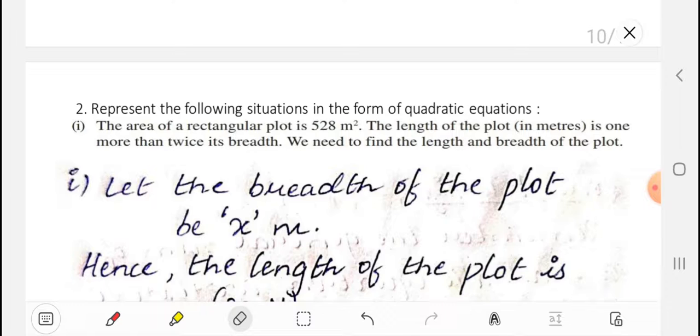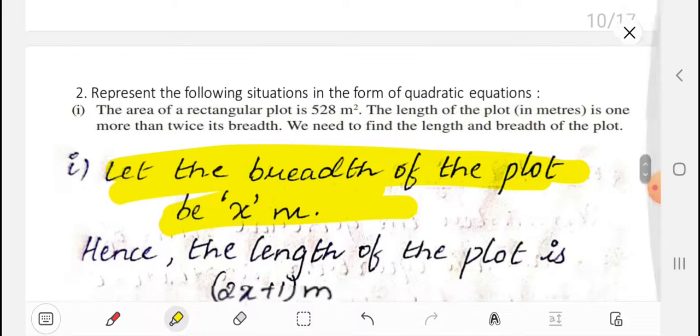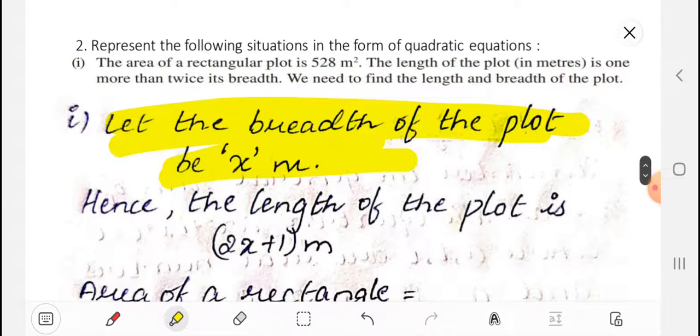Let the breadth of the plot be x meters. Hence, the length of the plot is 1 more than twice its breadth, that is, 1 plus twice x.